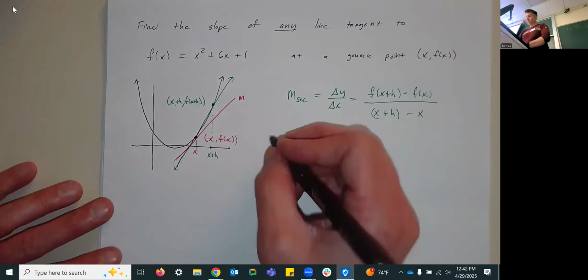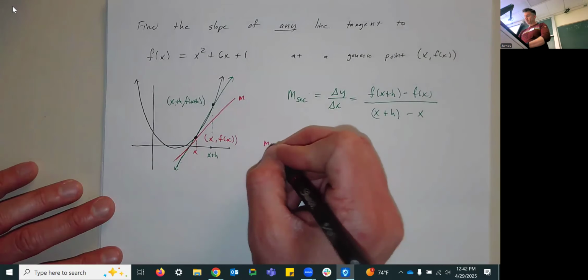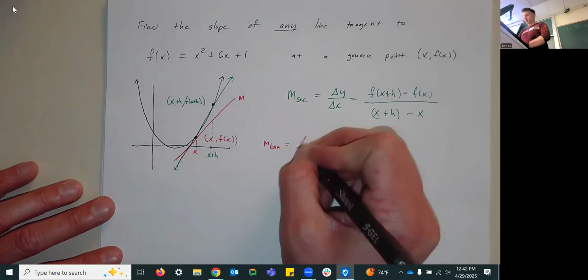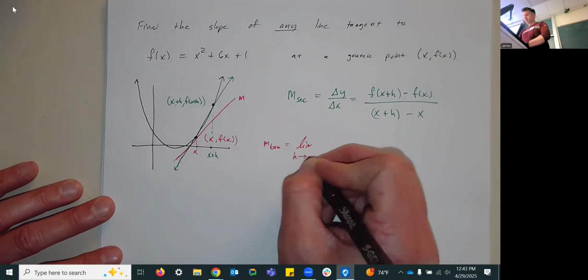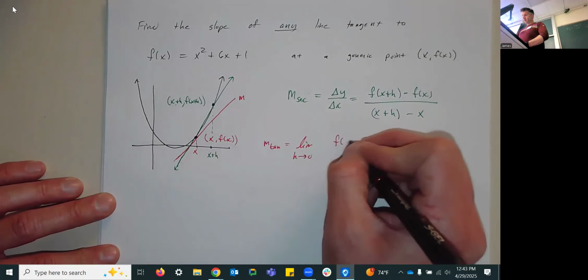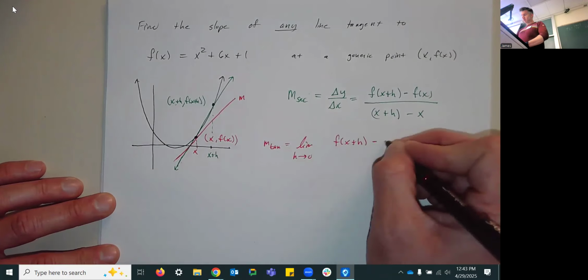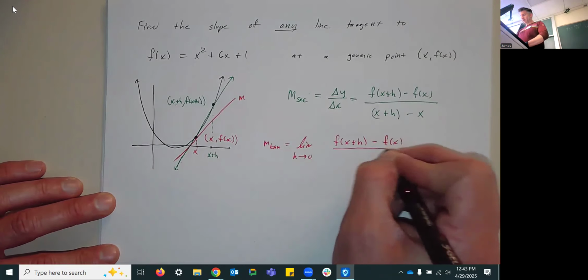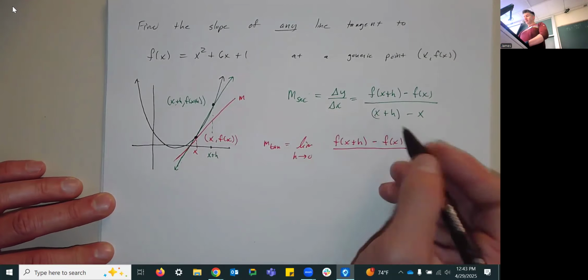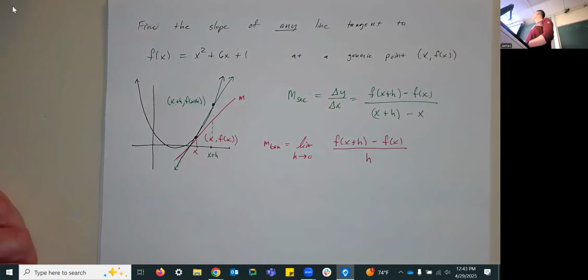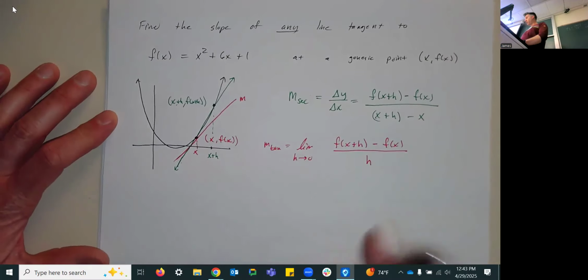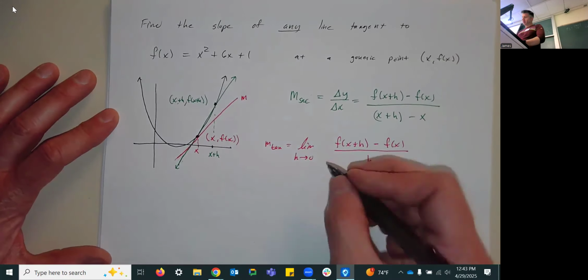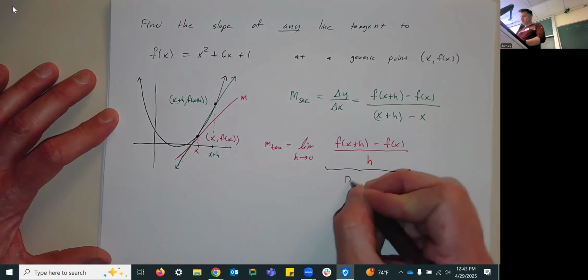So to find the slope of our tangent line, we're going to take the limit as h goes to 0 of f of x plus h minus f of x divided by x plus h minus x, which is just h, regardless of what value of x we have. And this is how we always find the slope of a tangent line. It's the limit as h goes to 0 of this expression over here, which is called the difference quotient.